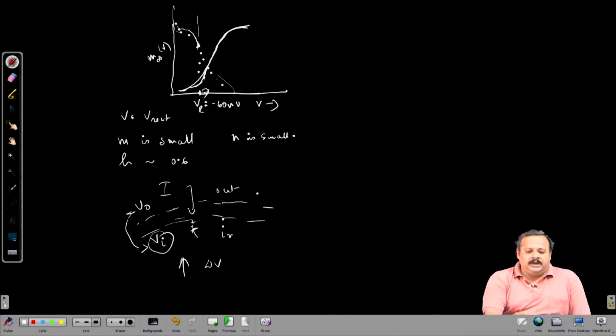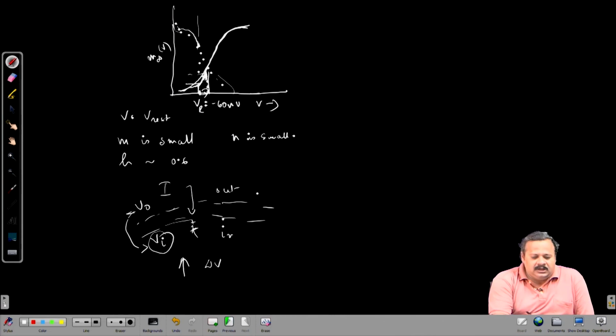That is, the probability of the sodium channels being open increases from this particular value to that value. So, this is the change in the m infinity V, and since m is extremely fast, the m value reaches the m infinity V value almost immediately, instantaneously.